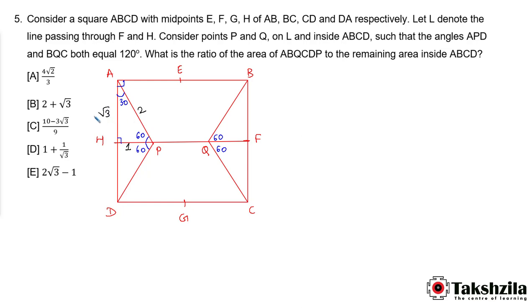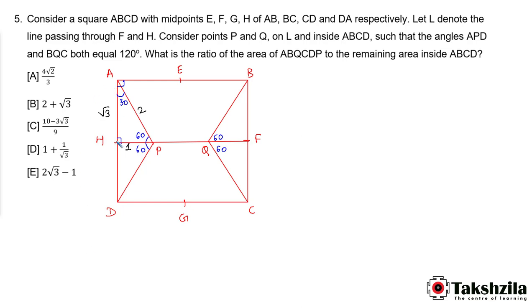By using which concept? Concept of 30, 60, 90 triangles. In 30, 60, 90 triangles, the ratio of sides opposite to 30, 60, 90 is 1 is to root 3 is to 2. Or you can remember side opposite to 30 degrees is half of hypotenuse, then side opposite to 60 degrees is root 3 by 2 into hypotenuse.